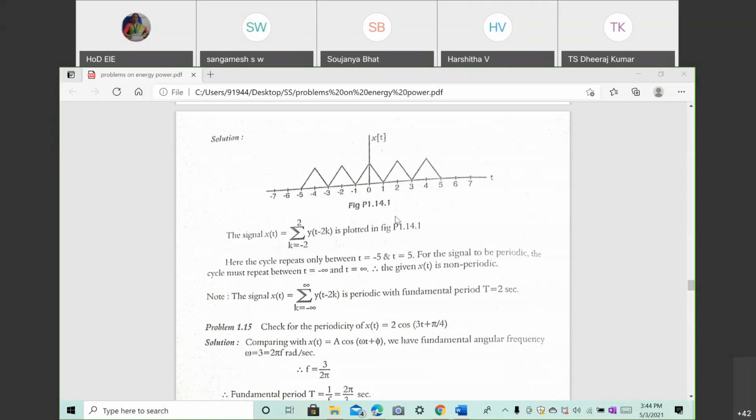So that's why the signal x of t equal to summation k equal to minus infinity to plus infinity of y of t minus 2k is periodic with fundamental period t equal to 2 seconds.